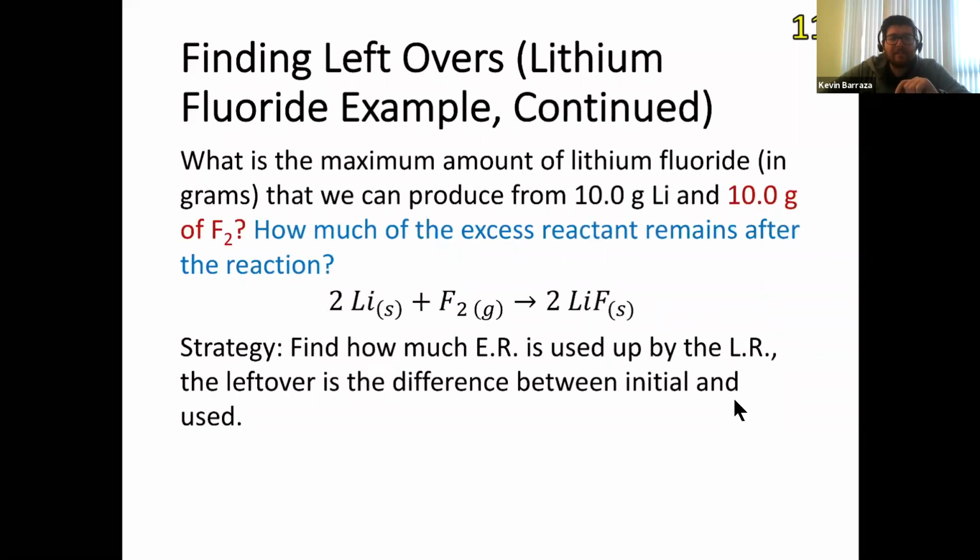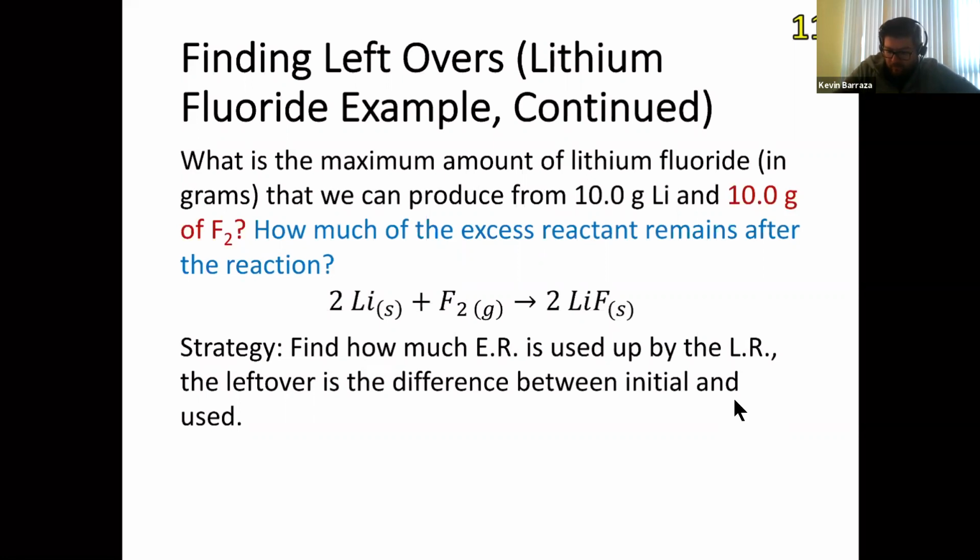How much of the excess reactant remains after the reaction? Because this is a continuation, we did most of the calculation already. We figured out how much product was made, and we figured out which was our limiting reactant.